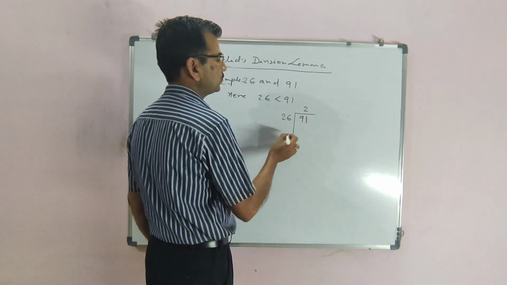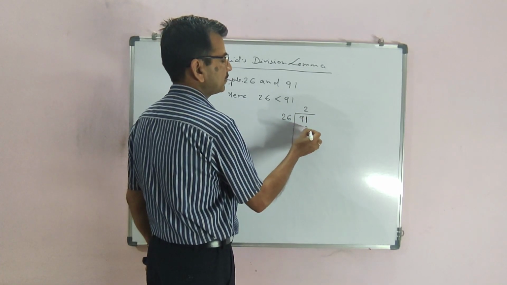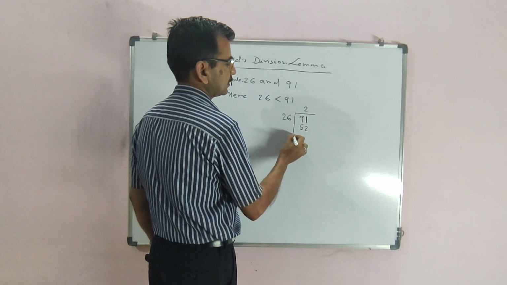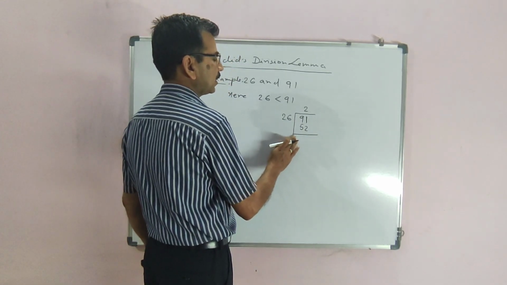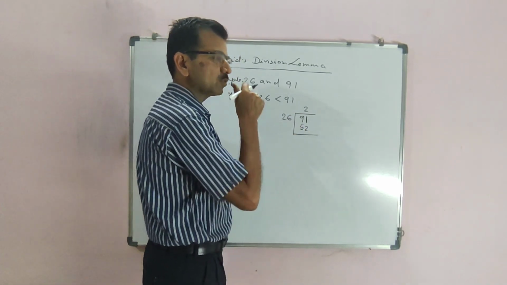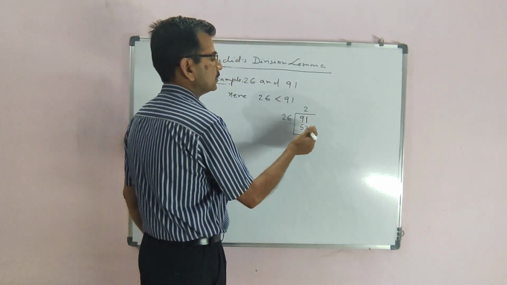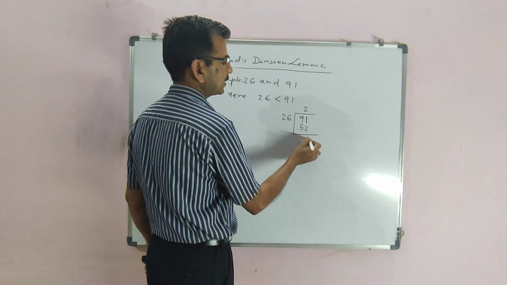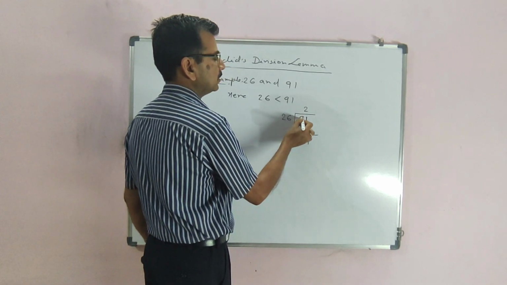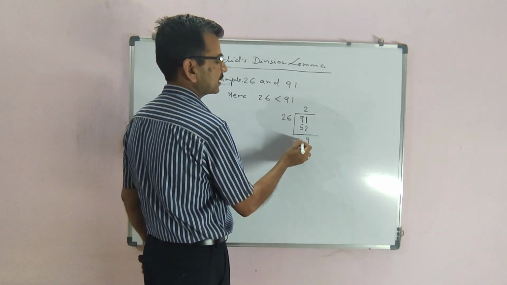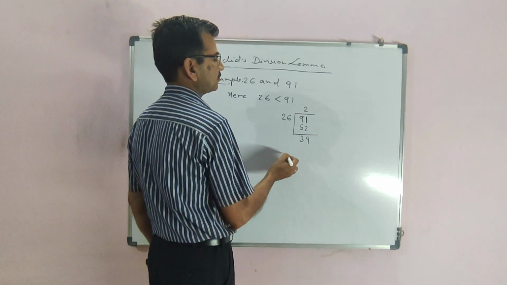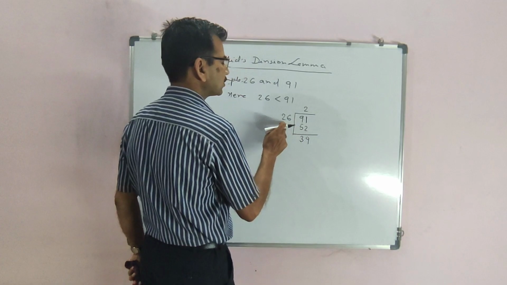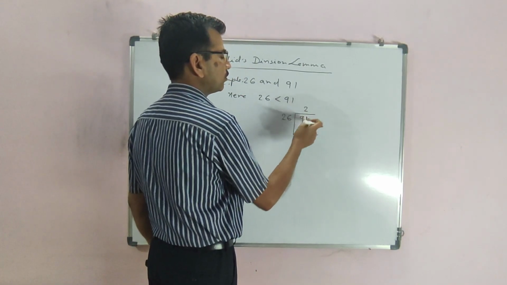Definitely we can take 2. 2 sixes are 12, and 2 twos are 4 and 1 is 5. Now we subtract: 11 minus 2 is 9, 8 is left, 8 minus 5 is 3. Shall we take more here? Yes, we can go for more.